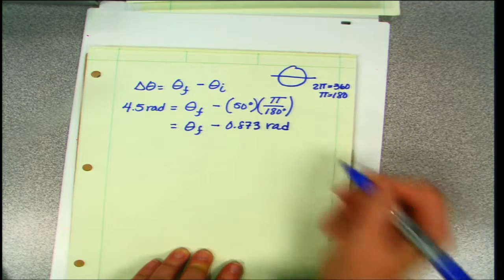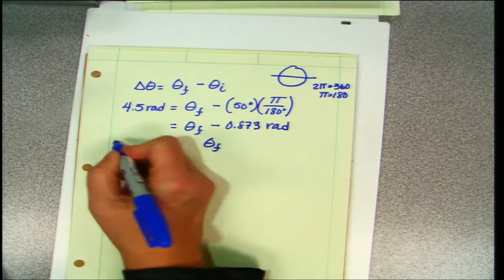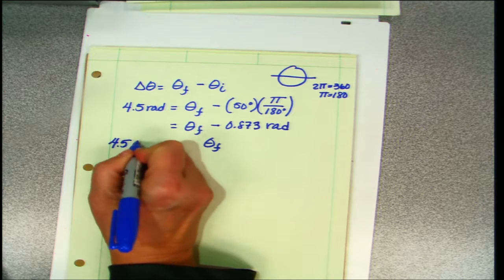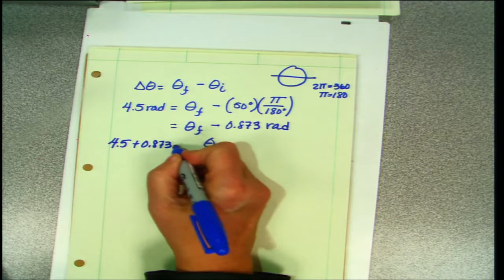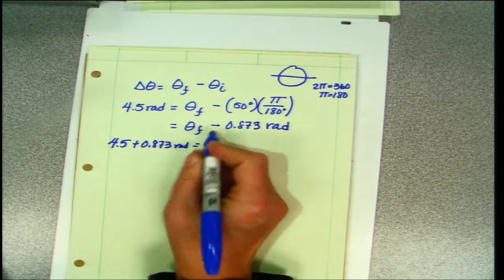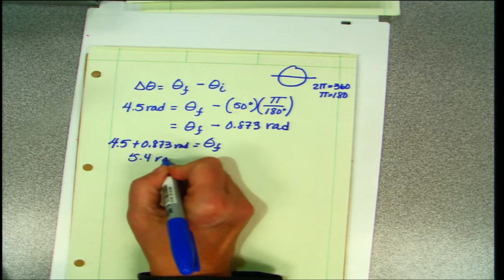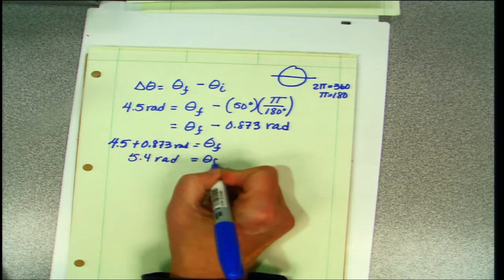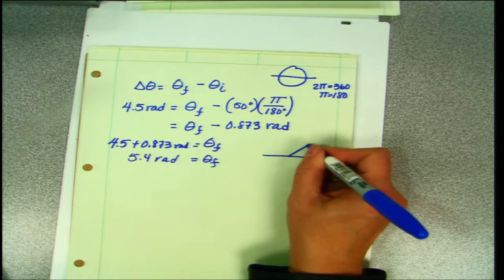So what's happened here is I started at a point right here where that's 50 degrees, or 0.87 radians. It's going to go around some angle, and we want to know what that is. And I found out that it was 5.4.